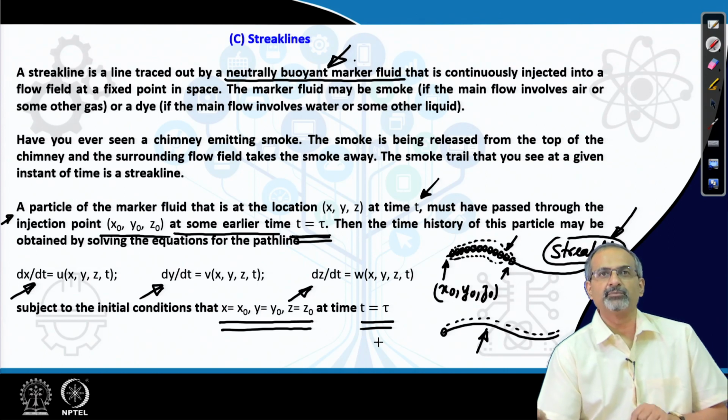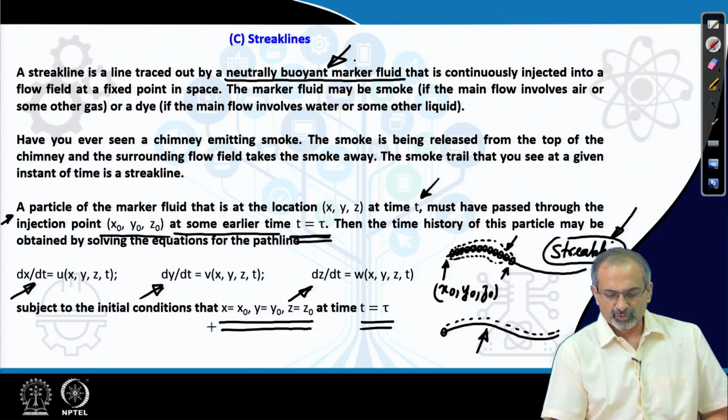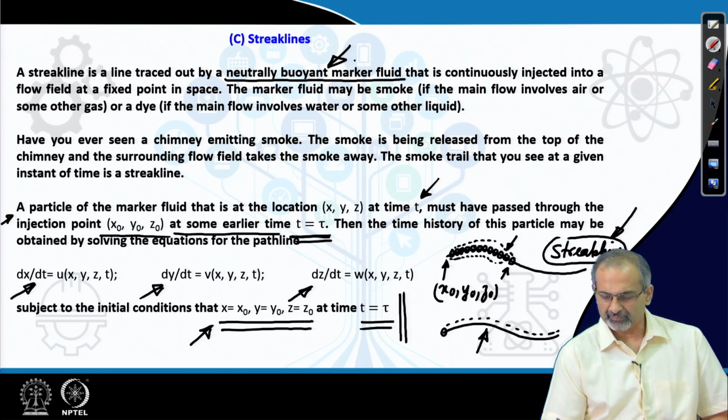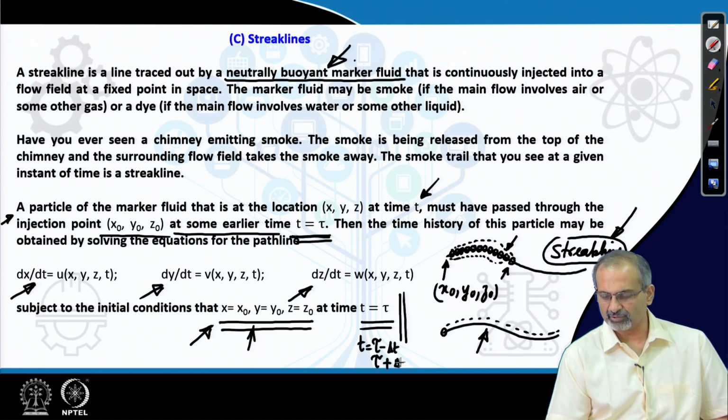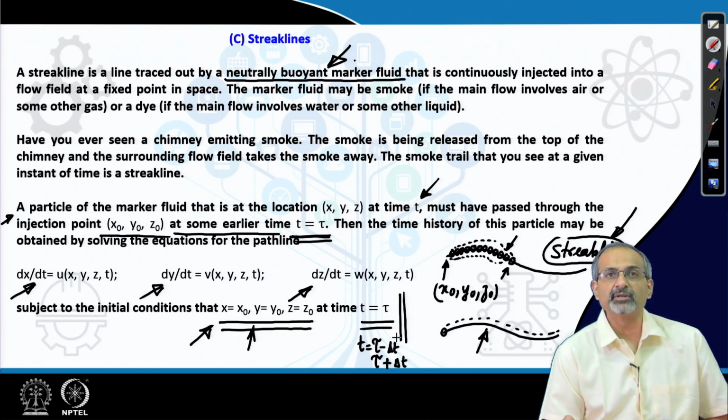This is a very, very important concept, and if you look at each particle which forms the streak line, each particle would have a history like this, that another particle would have been at this point at a slightly different time, let us say tau minus delta t or tau plus delta t, and so on, depending on the sequence in which that particle was injected into the stream.